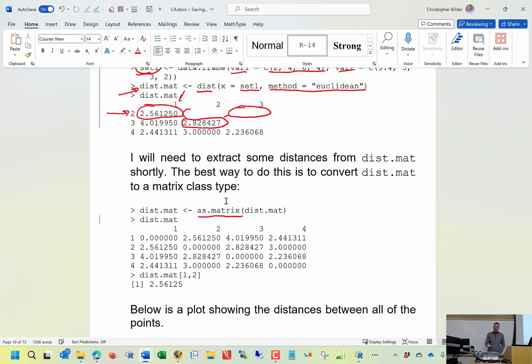So if I do as.matrix of dist.mat, and put it back into an object with exactly the same name, now I do have an actual matrix. That's important because I can actually access a row and a column to pull out the different distances.